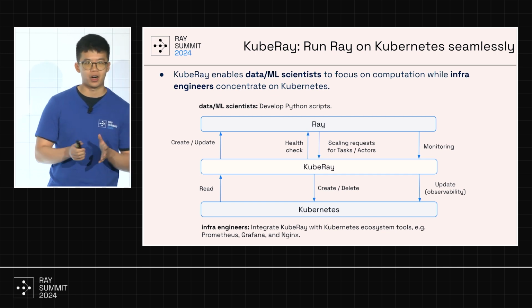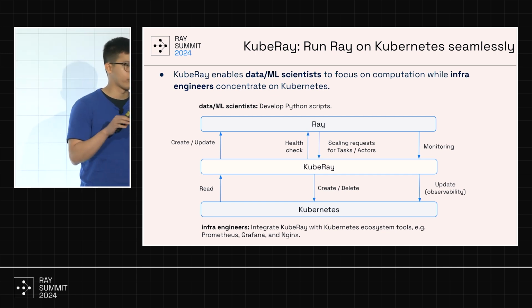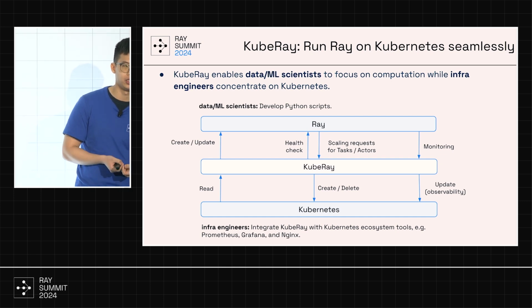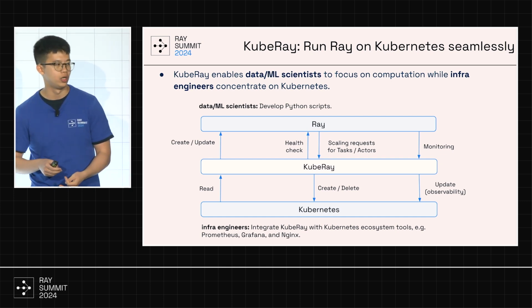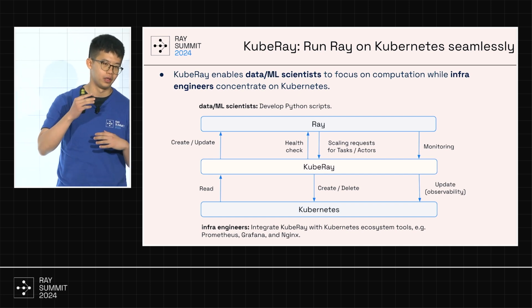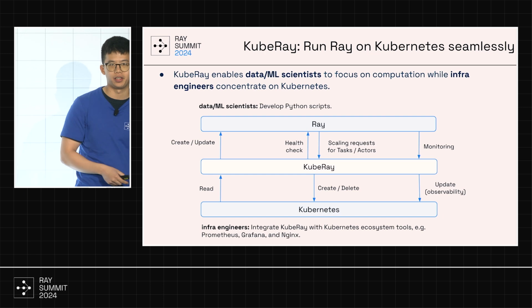And infra and platform engineers can focus on integrating KubeRay with the Kubernetes ecosystem, such as Prometheus, Grafana, Nginx, Istio, and more. So it just separates the different users and lets them focus on what they do best. And data scientists don't need to worry about Kubernetes concepts.